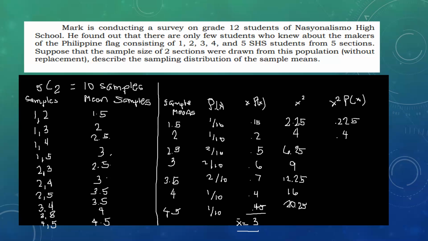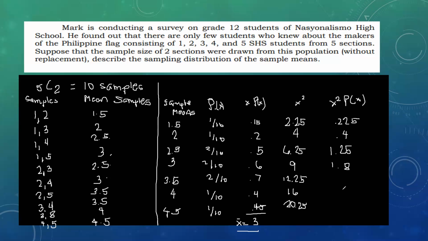Then 6.25 times 2 divided by 10, that's 1.25. Okay. Then we have 9 times 2 divided by 10. That's 1.8.